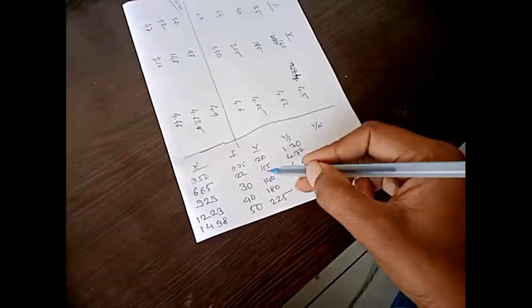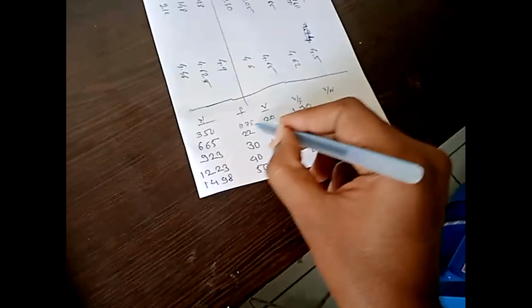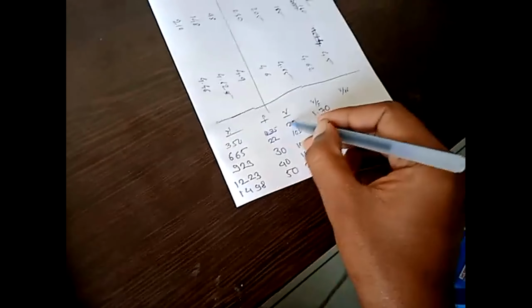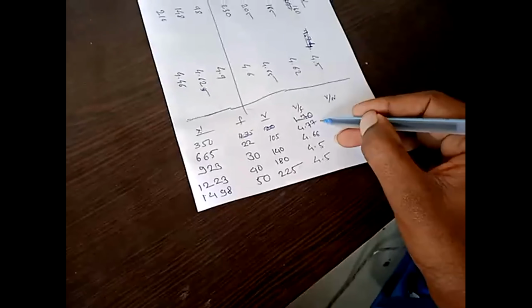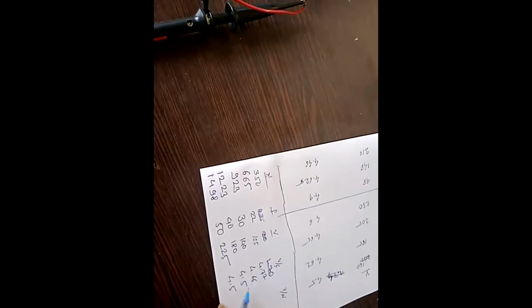Okay, here you can observe what we told. Whatever we change in the voltage and frequency, V by F is equal to a constant value, except this one reading. We are getting 4.77, then 4.66, 4.5, 4.5.